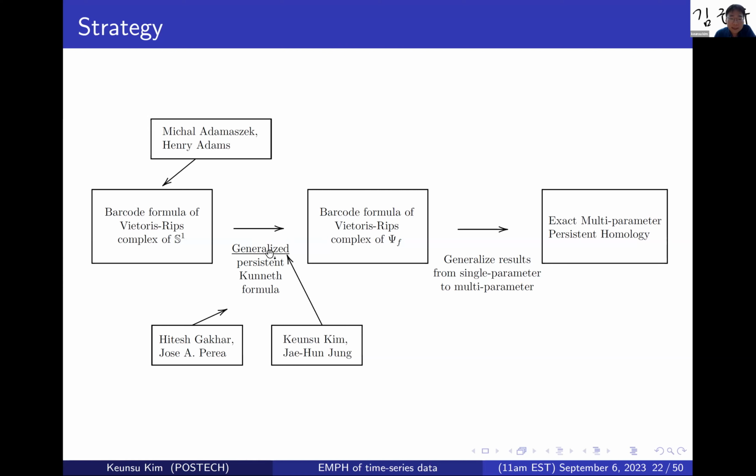And we generalize the persistent Künneth formula to apply to the Liouville torus. The Liouville torus is the product space of circles. Therefore, we can deduce the barcode formula of the Vietoris-Rips complex of the Liouville torus, and we generalize the result from the single parameter to the multi-parameter case. That is EMPH theory.